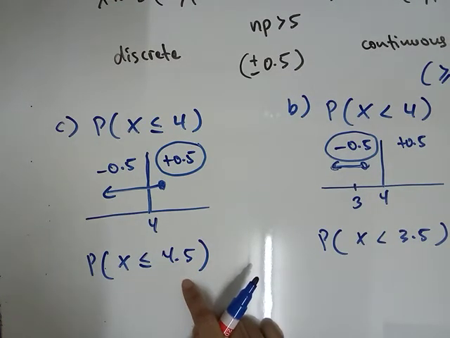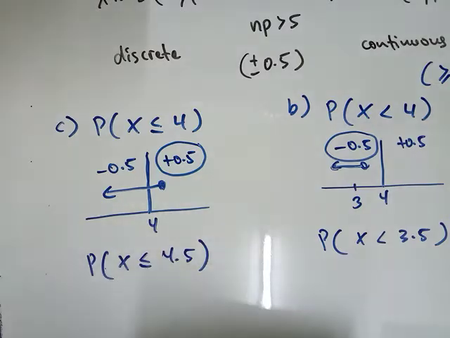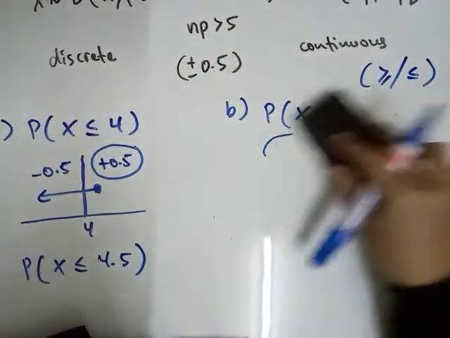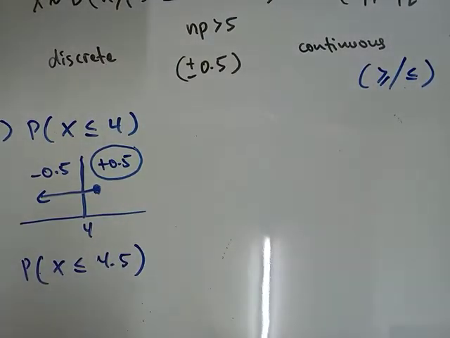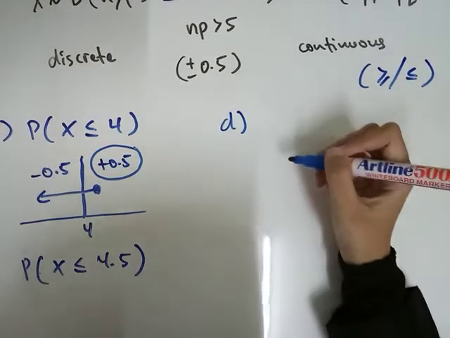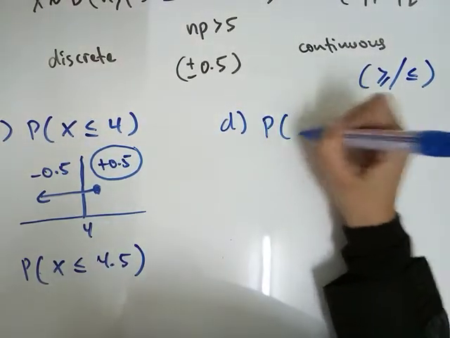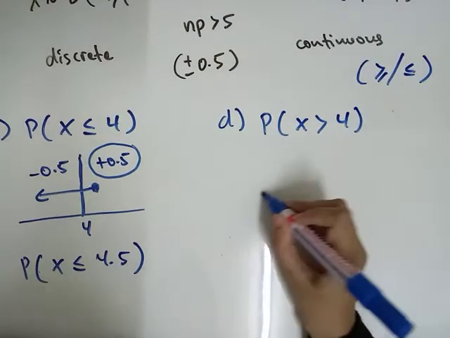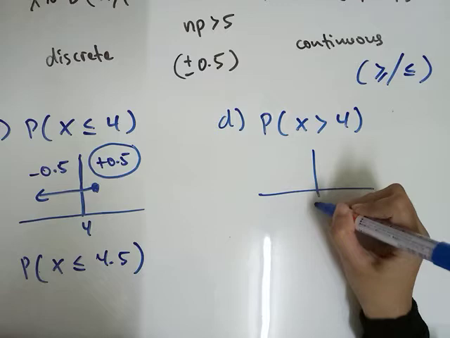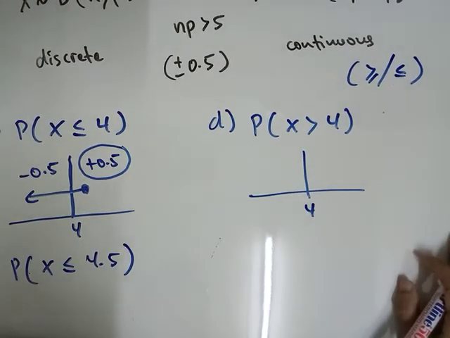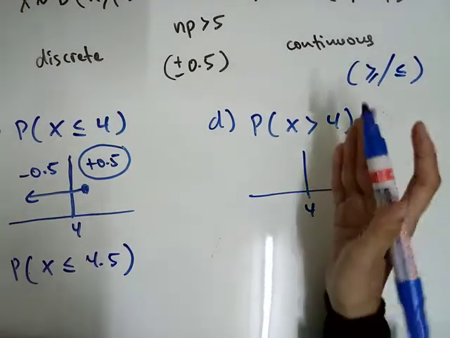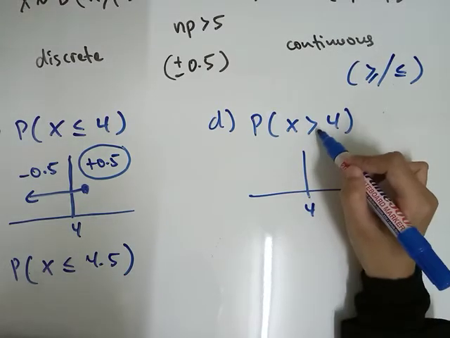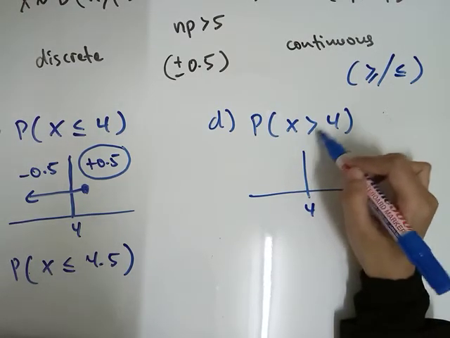Okay. What about D? D is probability x more than 4. And then draw the line. Okay, so more than 4. 4 ni include tak? Dia tak termasuk sebab dia tadi equal kat bawah dia.